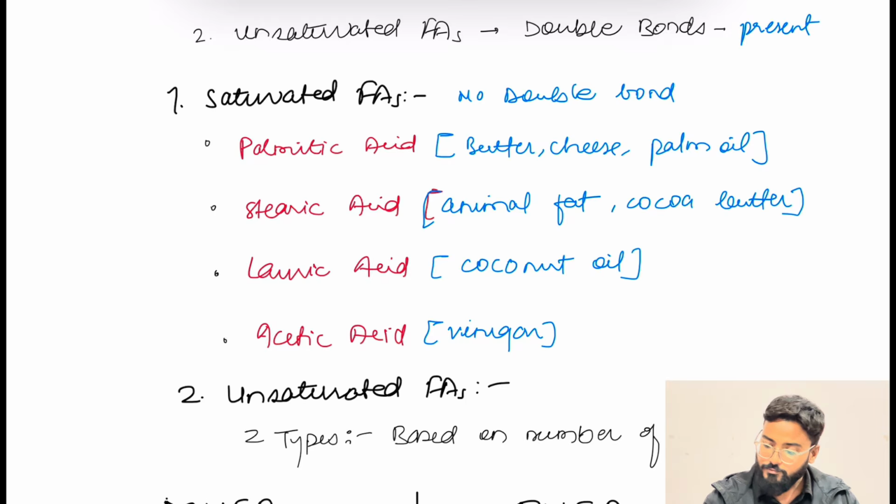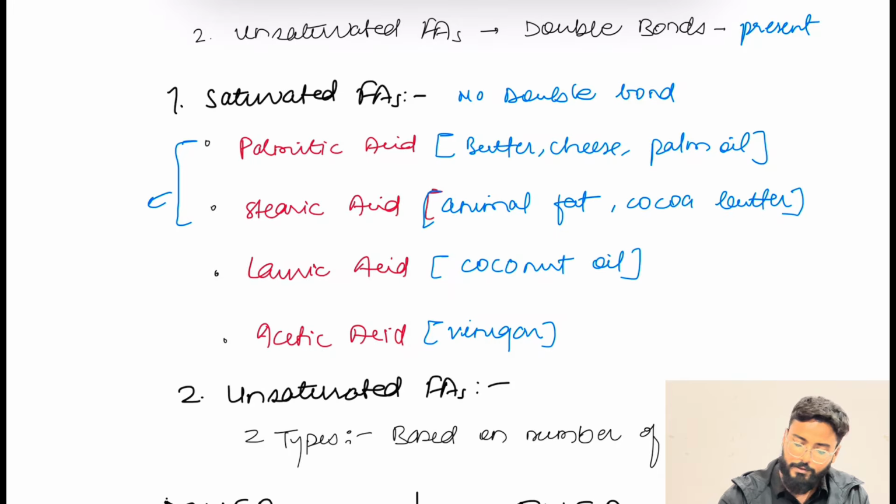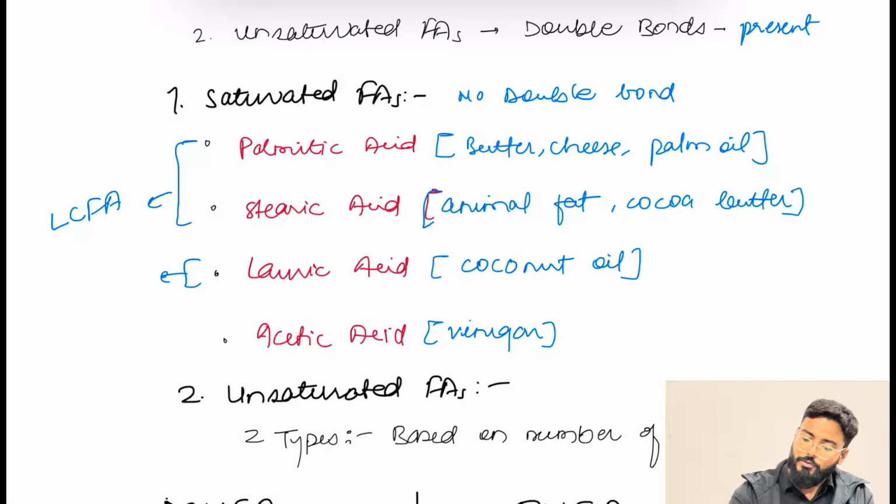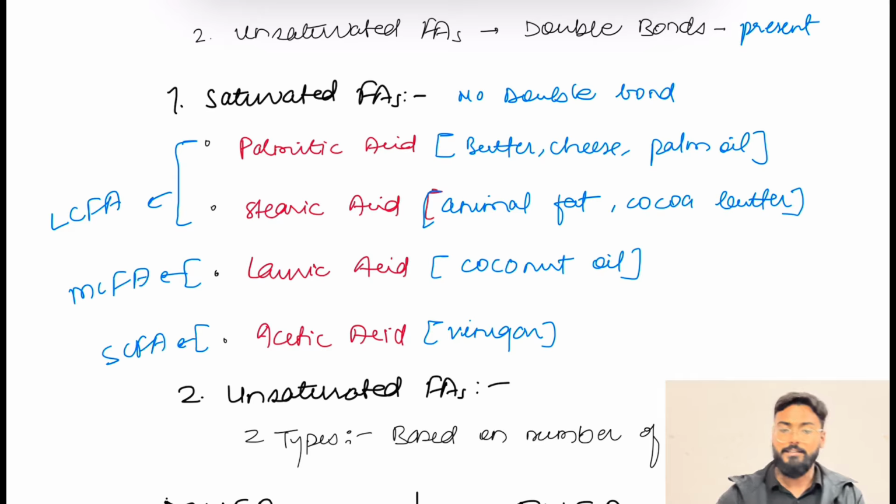Now, these two are your long chain fatty acids, this is your medium chain fatty acid, and this is your short chain fatty acid.